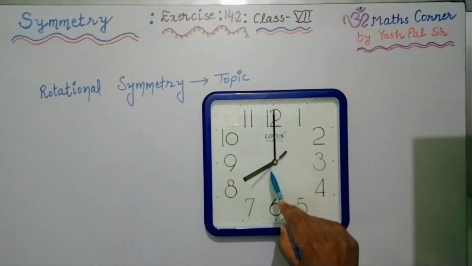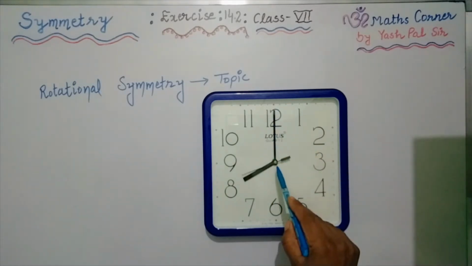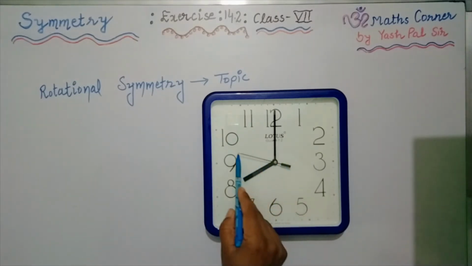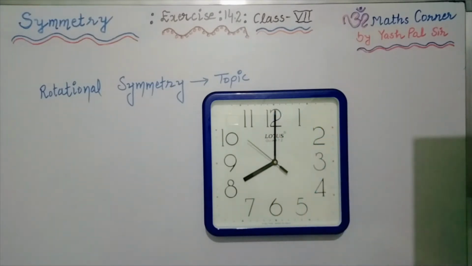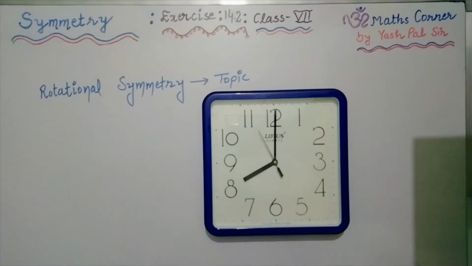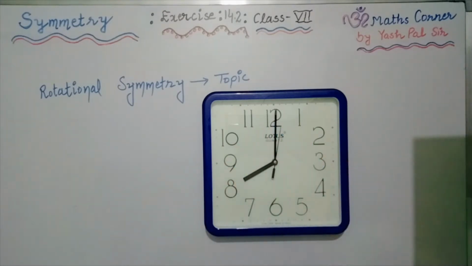This is the second hand, this long hand is called the minute hand, and this small hand is called the hour hand. They are rotating in a particular direction, the same direction.